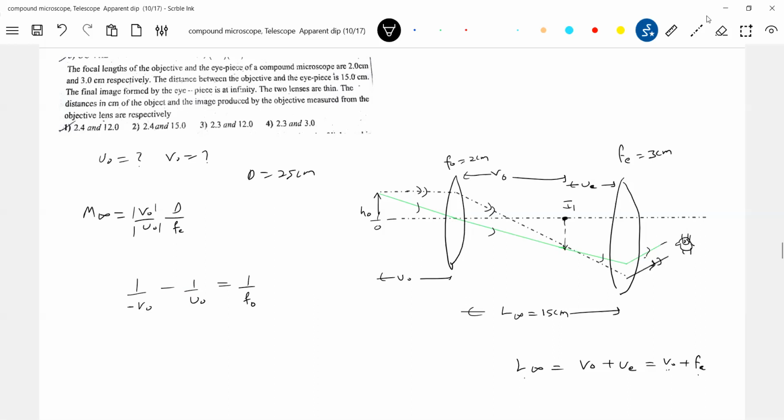Able to understand the question? Both are asking U naught and V naught. So from the length of the tube, I'll get V naught. That V naught you substitute in this formula, then you get the U naught value.